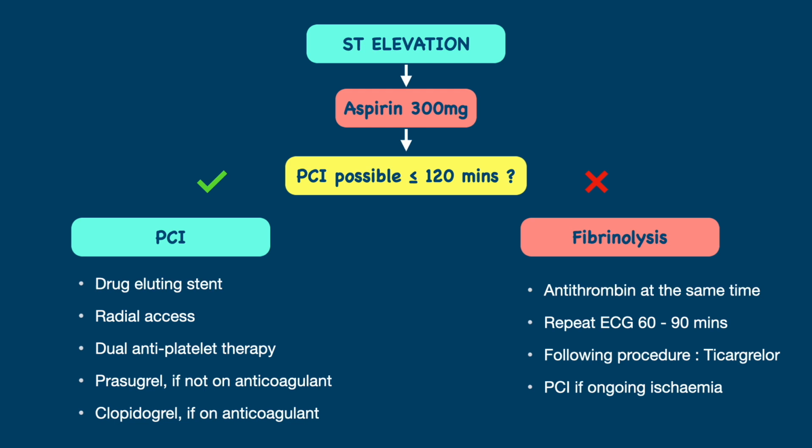Drug therapy during PCI would be unfractionated heparin with bailout glycoprotein 2B and 3A inhibitors. These are for patients undergoing PCI with radial access, and this is the action of using a GPI, or glycoprotein inhibitor, during a procedure when it was not intended from the outset.